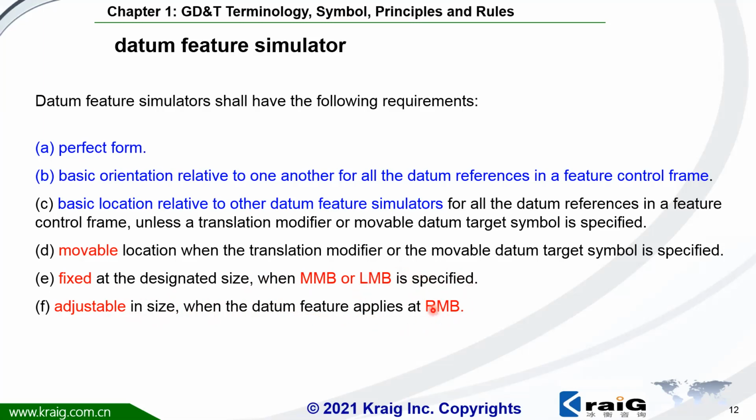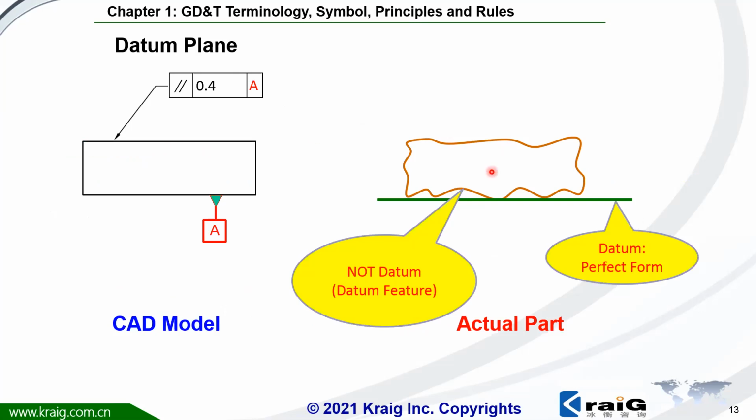This is all related to the datum chapter we are going to learn in a later module. But so far, we should remember, if the datum feature is a plane, the datum simulator is supposed to be perfectly formed to reflect the datum we want. This is the key concept so far we should understand. Datum is perfect form. We are going to use the datum simulator as a datum. Datum feature is not datum.